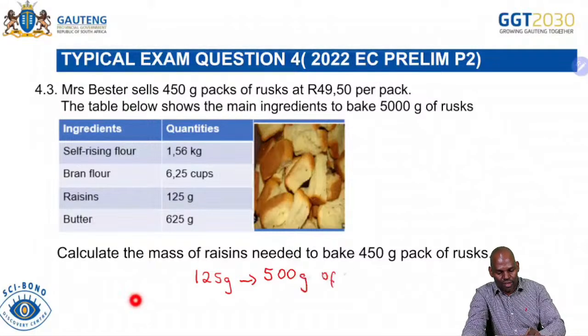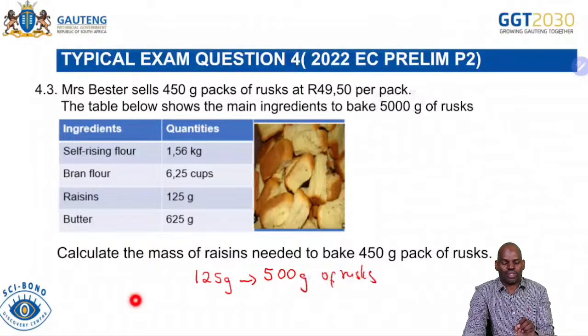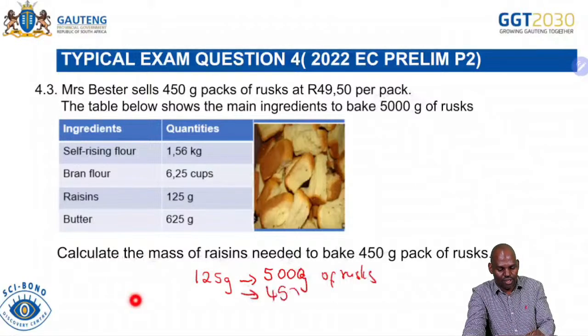The 125 grams of raisins is enough to bake 5,000 grams. Now we want to know the mass of raisins that will be needed for 450 grams.